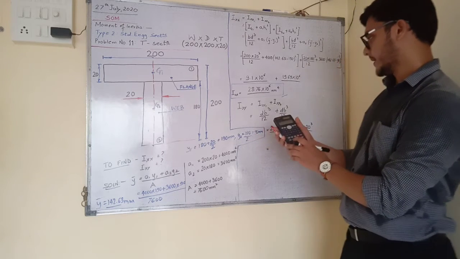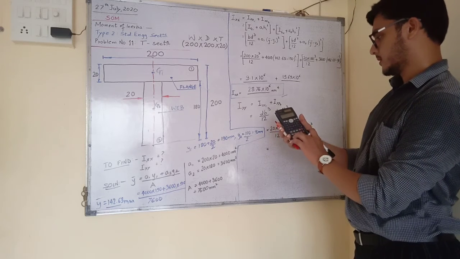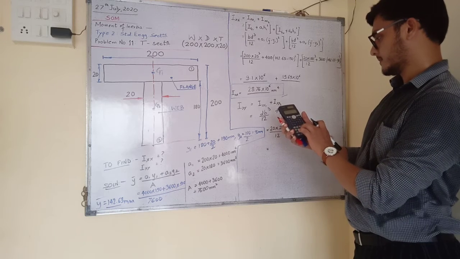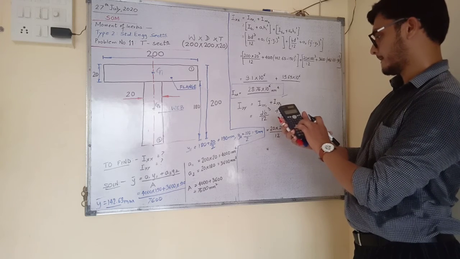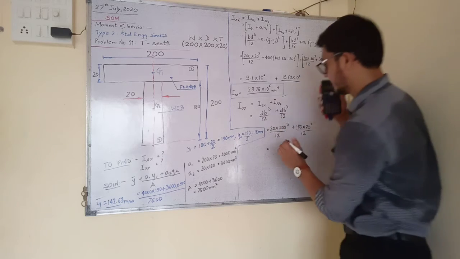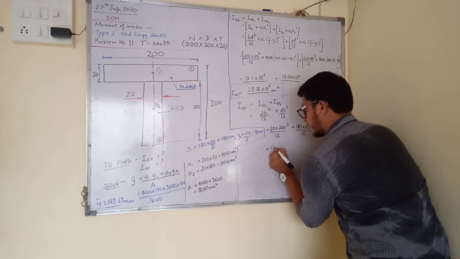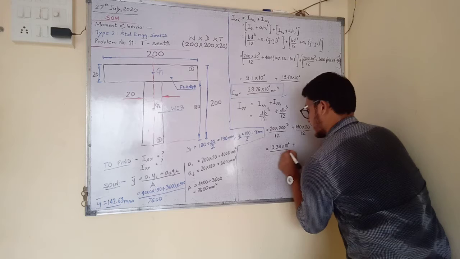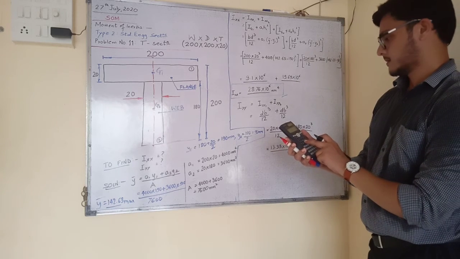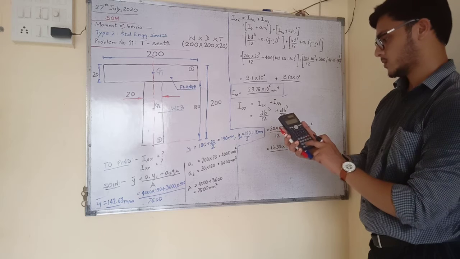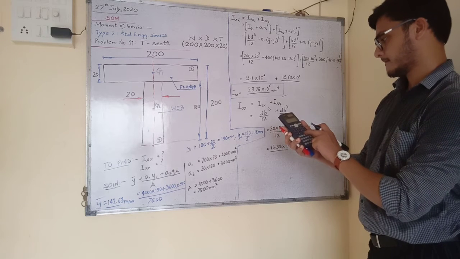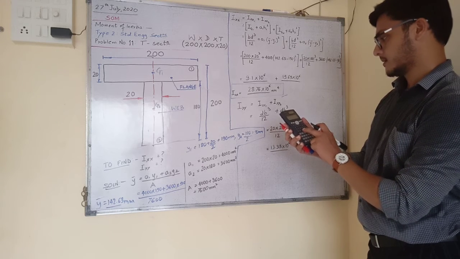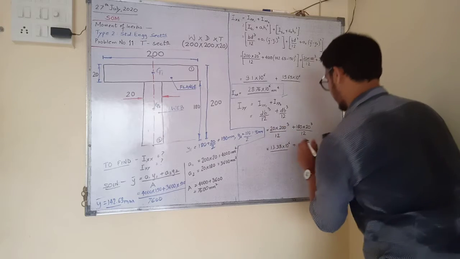We'll solve this once again, separately. 20 into 200 cube divided by 12 is 13.33 into 10 raised to 6, yes. Plus 180 into 20 cube divided by 12 is 120 into 10 raised to 3.